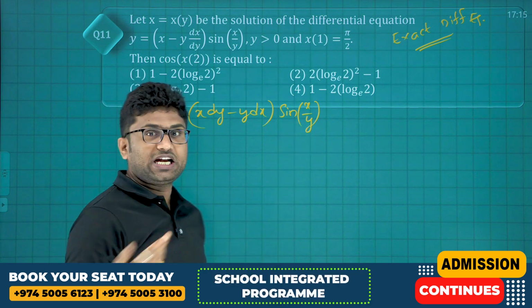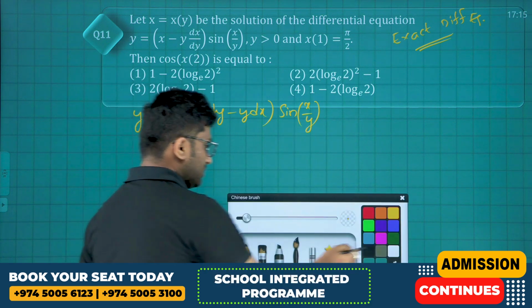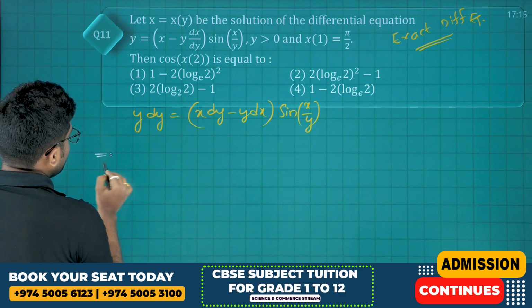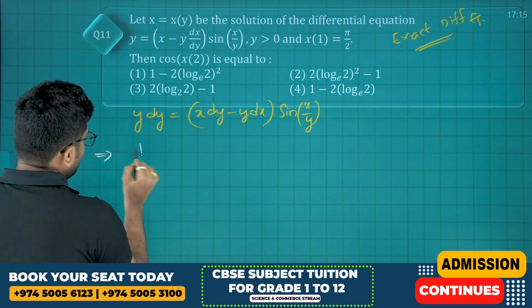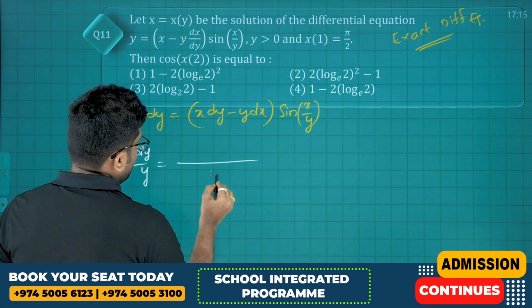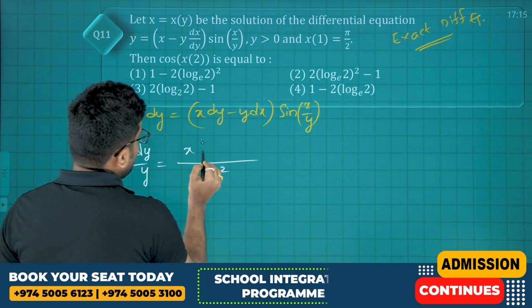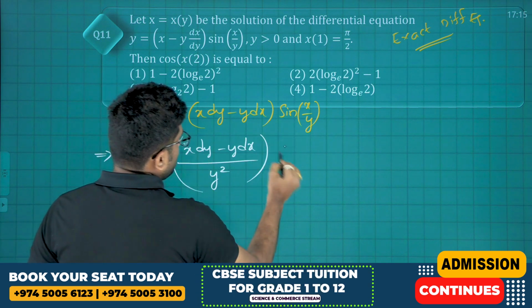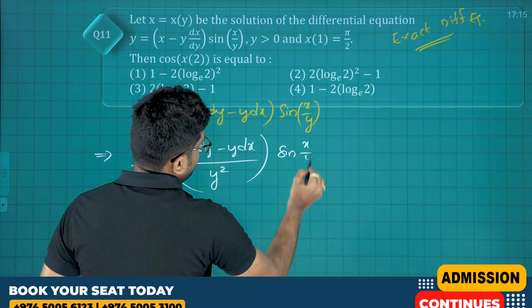Sine of x by y can never be separated. So divide both sides by y square, friends. That becomes dy by y is equal to x dy minus y dx into sine of x by y.